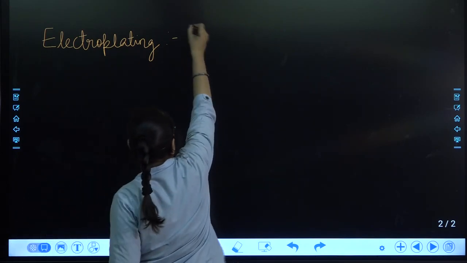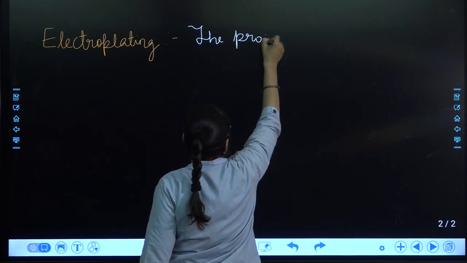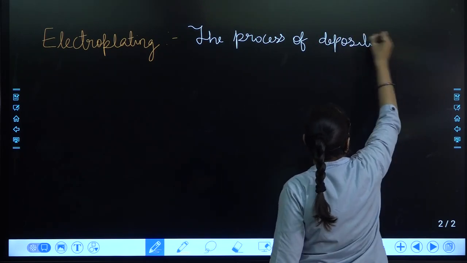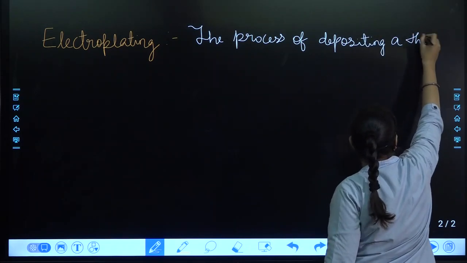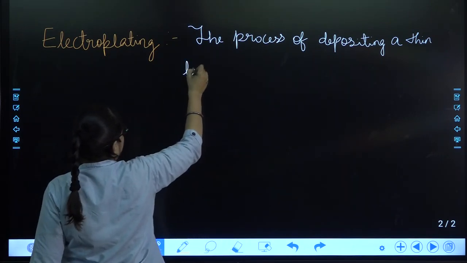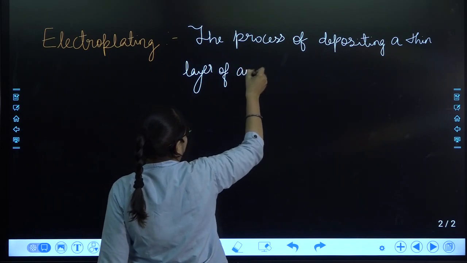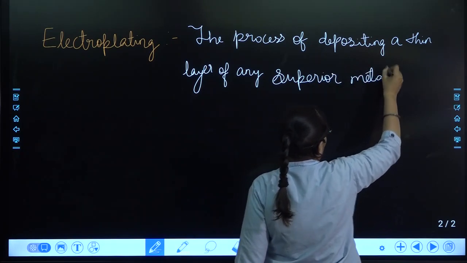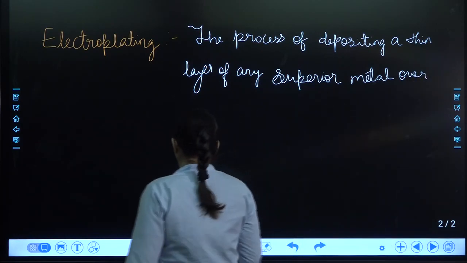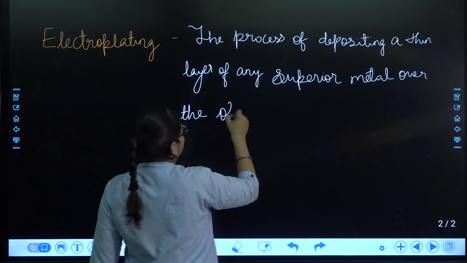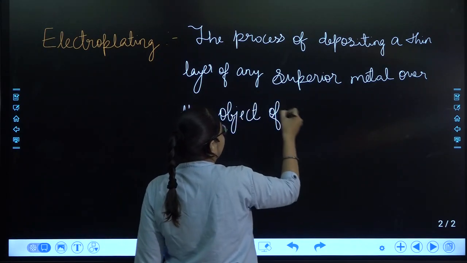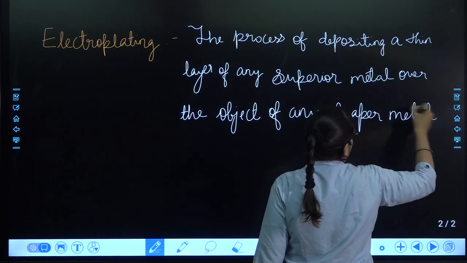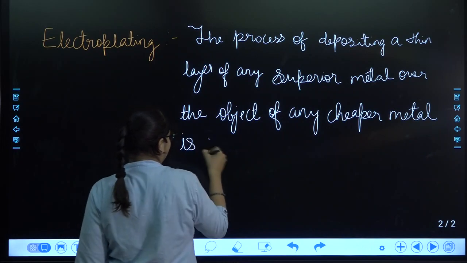Electroplating is the process of depositing a thin layer of any superior metal over the object of any cheaper metal.